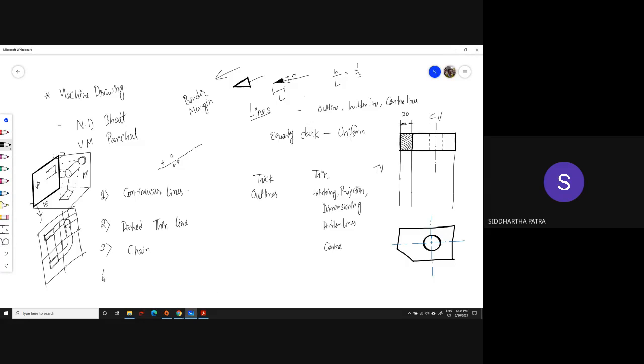Number 4, you'll find a lot of different types of lines, but I'm only mentioning a few. I believe those are the only ones that you would require. Number 4 is this type of a line.